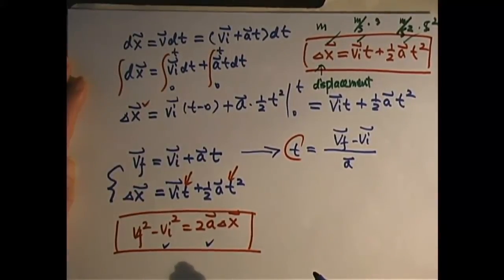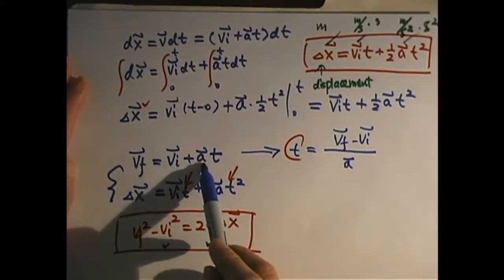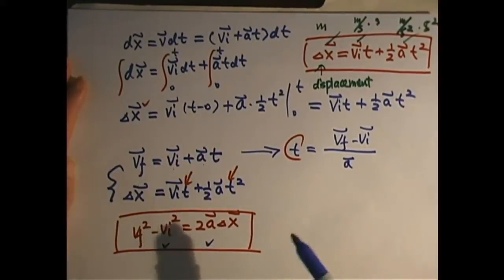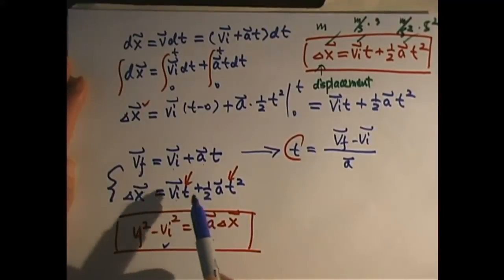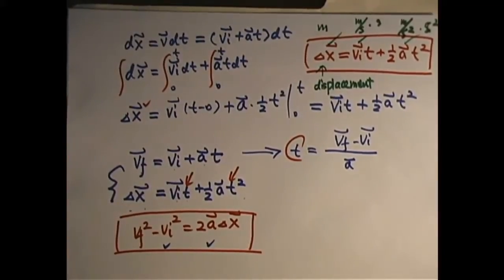So we have a total of 3 equations that we can apply to different cases. This one deals with acceleration, initial velocity, final velocity. That one deals with acceleration, initial velocity, time, and change of position. And this one, time is not involved. I would like to show you a couple of examples so that we can learn how to use these 3 equations.